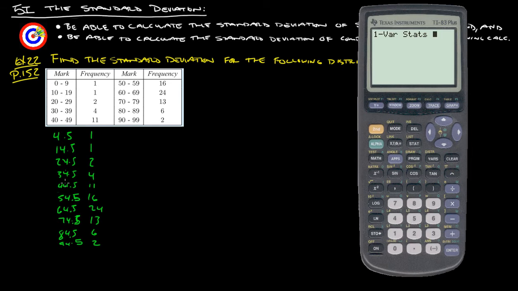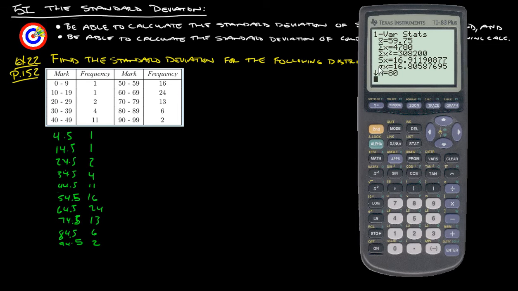We go back into stat, we're going to calculate, we get one variable stats, and again we have 2 lists of data, so we do second, and then list 1. Oh, that's not what I wanted. I'm going to go back and do that again. I forgot to put list 2 in there. So one variable stats, second list 1, comma, and then second list 2, and then we hit enter.